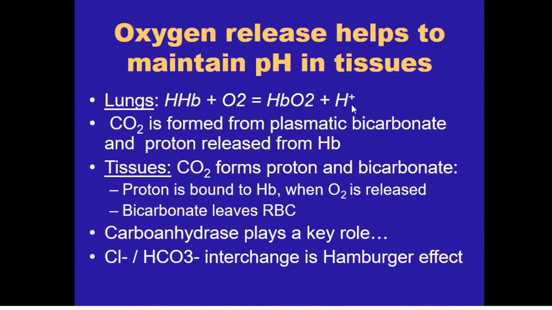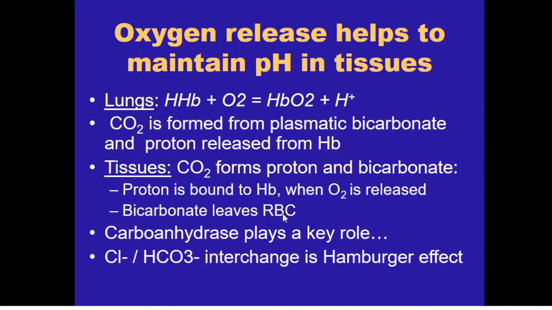So CO2 is formed from plasmatic bicarbonate and protons released from hemoglobin. Carbonic acid forms proton and carbon dioxide. We saw that in tissues it forms proton and bicarbonate ion. Proton is bound to the hemoglobin when oxygen is released. So this is the reaction, like Haldane.